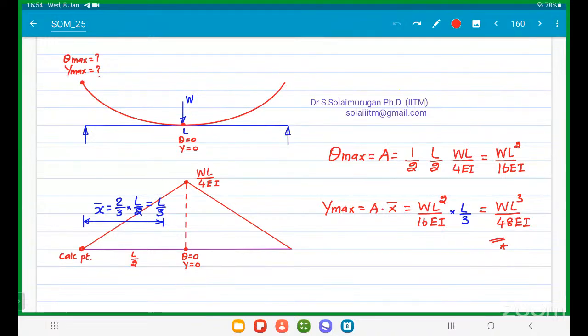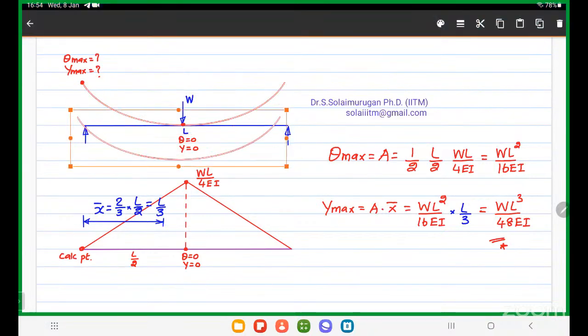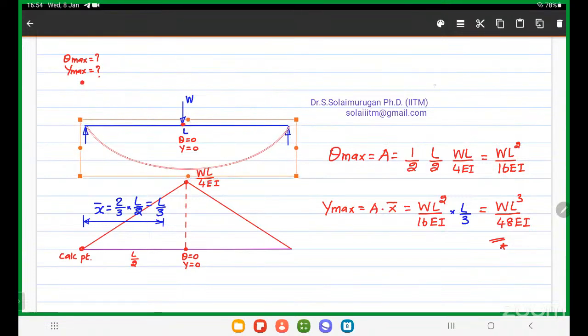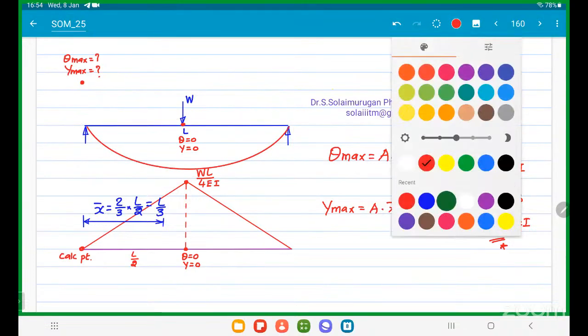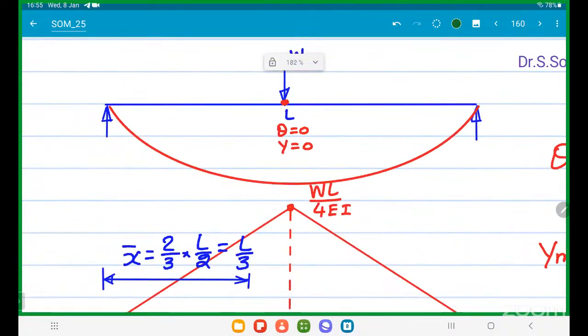Sir, before this assumption, imagine, I'm writing in the green color. Where is the maximum deflection? Here, Y max. What is the slope in this location?